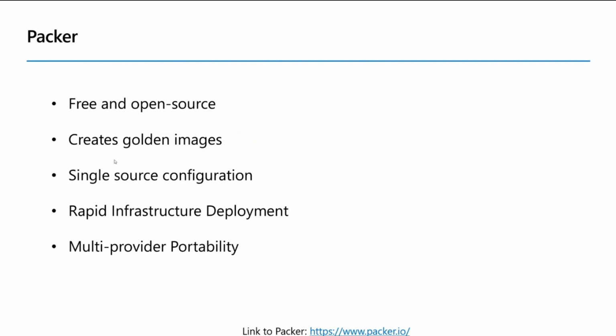Now, what it essentially does is it creates golden images, and what it means by creating a golden image is that you can create images on any platform. So although we are going to focus on creating images on Azure, you can also use Packer to create images on AWS if that's how you'd like to go forward.